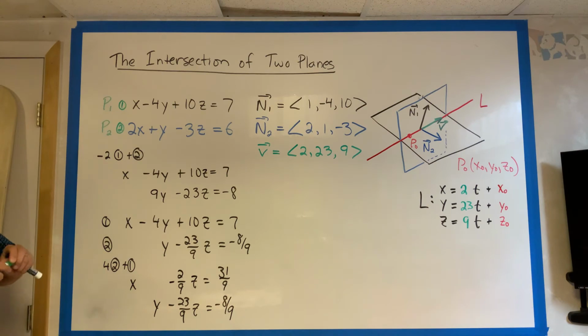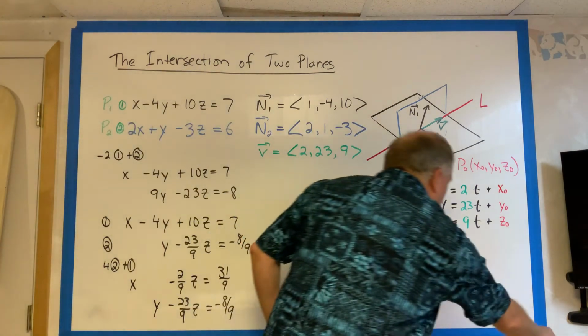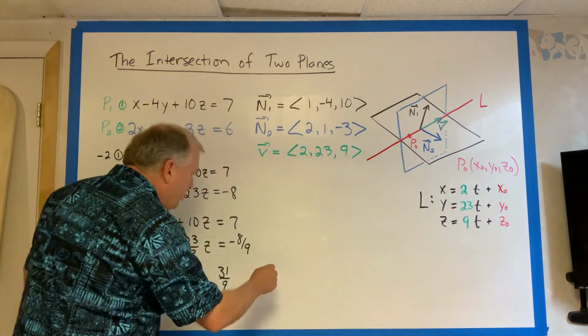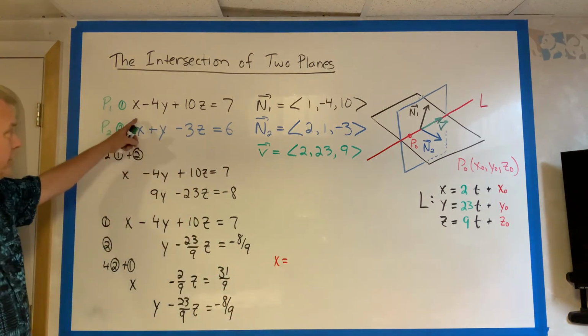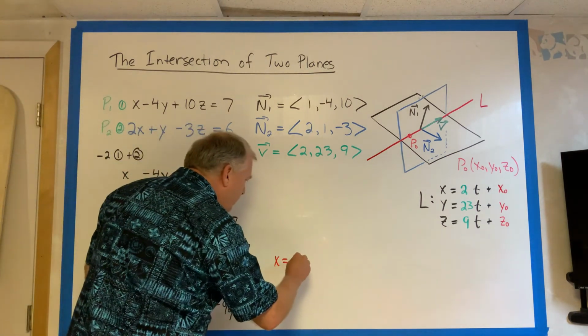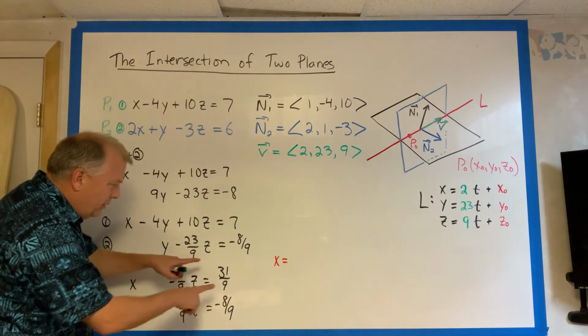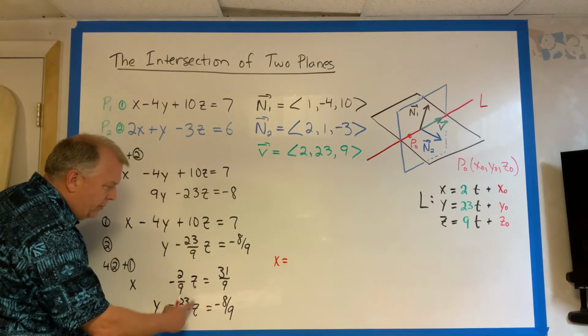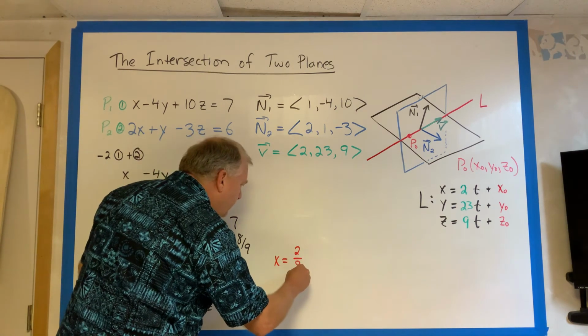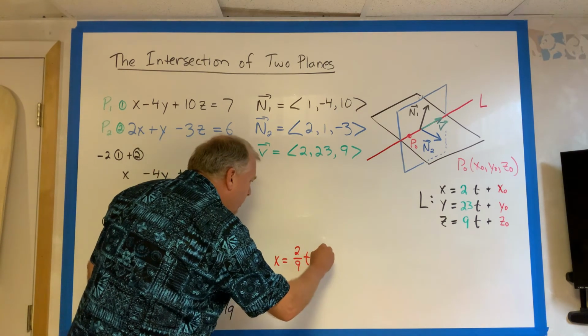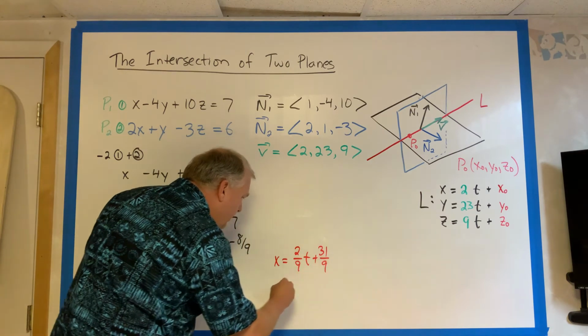Now you write this in the language of systems of equations with a parameter. You'd say the solution to this system of equations in plane 1 and plane 2, add the z parts over to the other side, choose a parameter to take the place of z. You can say x is -2/9 t + 31/9.